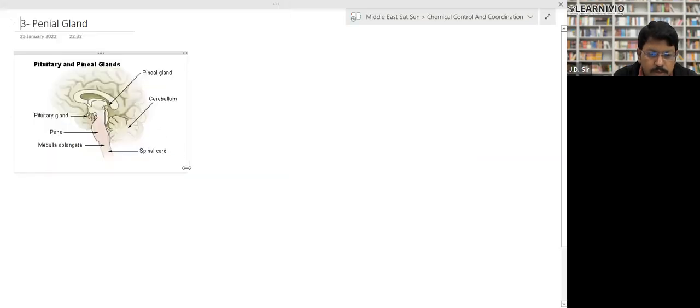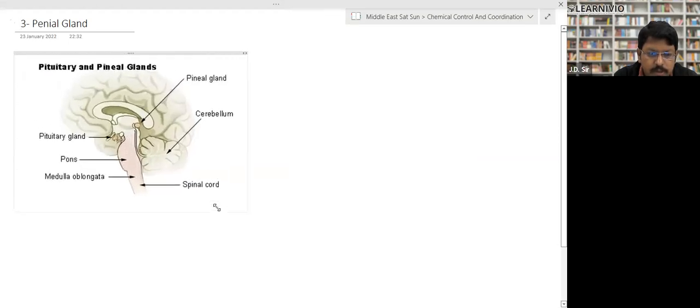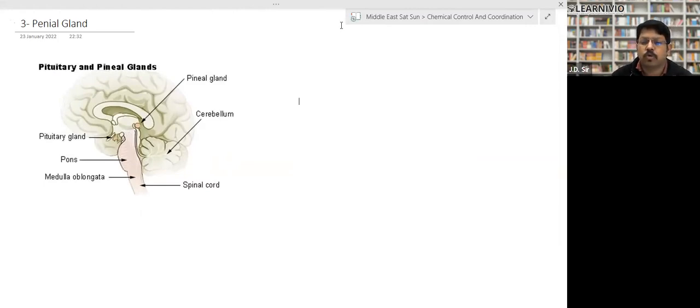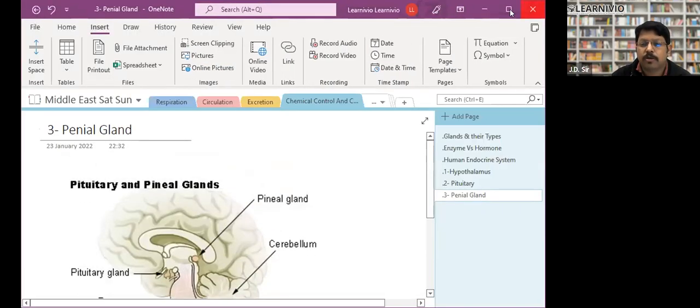Look, this is the situation of the pineal gland, where it is situated. Very few functions of the pineal gland are known. It is considered a biological clock. What is the biological clock? It is a rhythm of 24 hours.